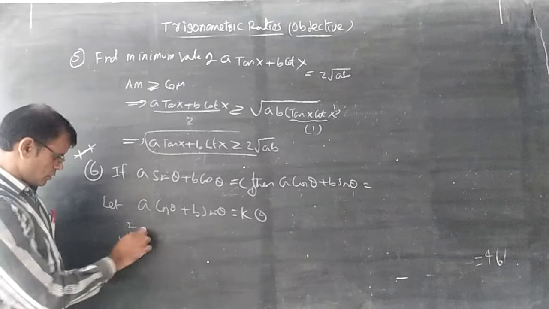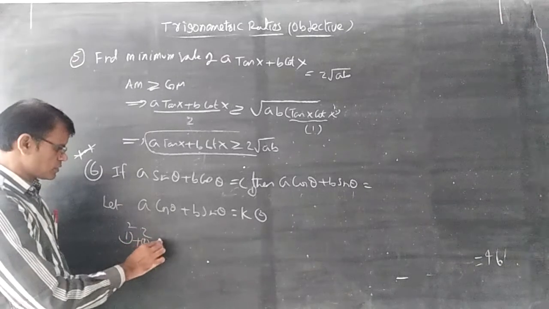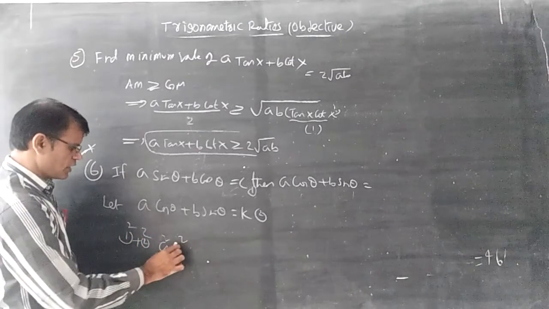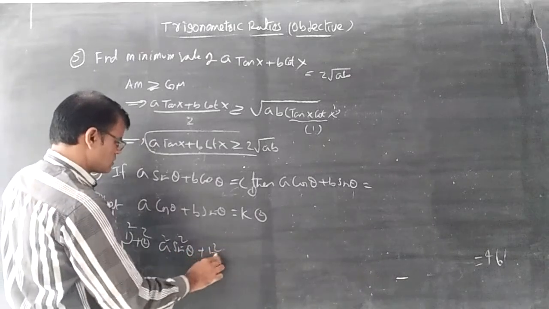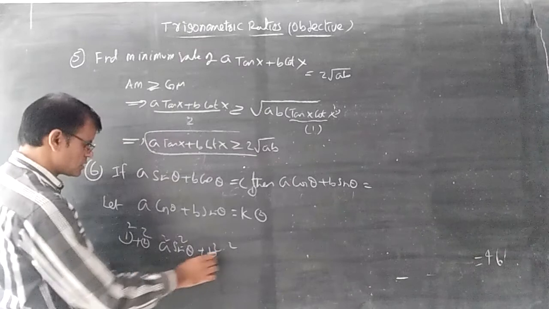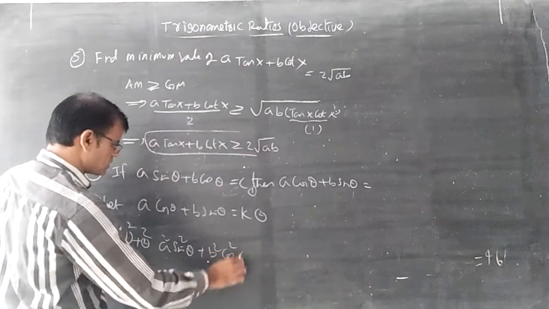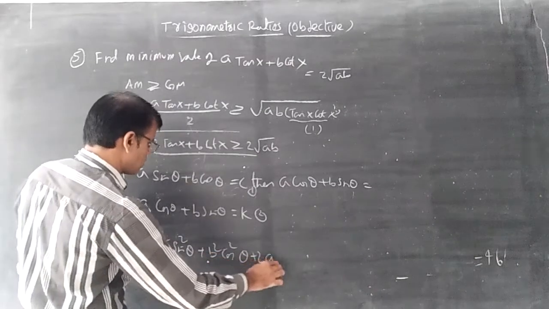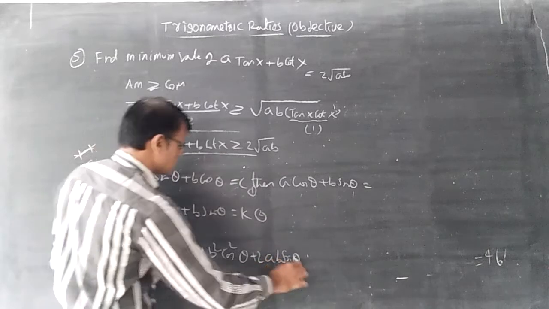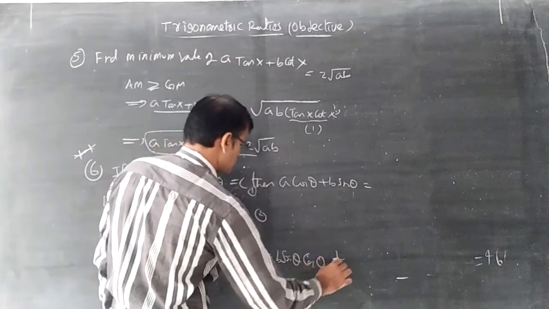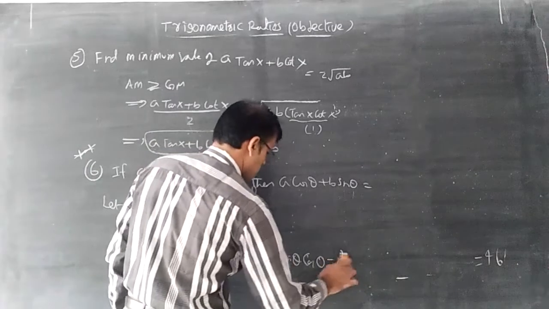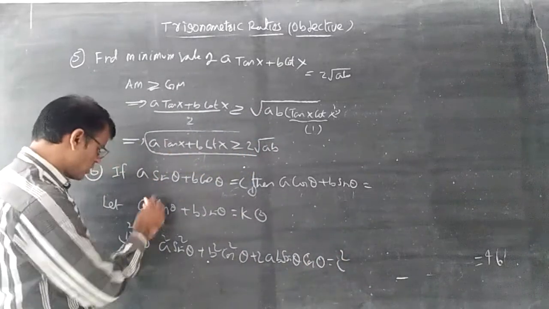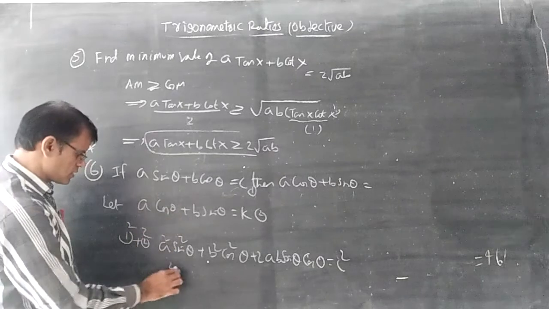Now write like this: first equation squared plus second equation squared. So you can understand, this is a square sin square theta plus b square cos square theta plus 2ab sin theta cos theta is equal to c square. Next one, the second equation squared, I am discussing with you.